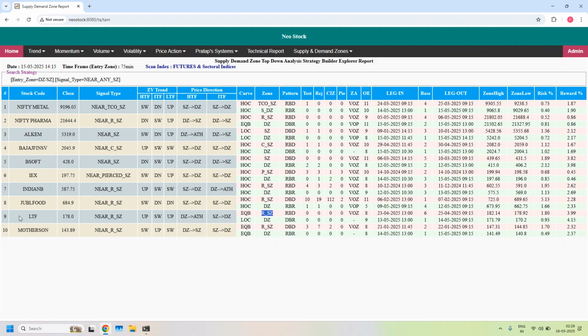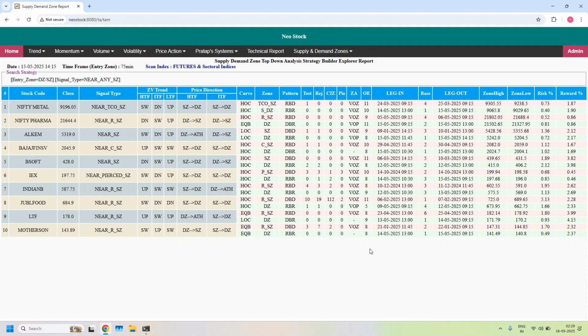Next one LTF is a 75 minutes high liquidity supply zone, and Motherson is also a 75 minutes high liquidity supply zone. So total 4 75 minutes high liquidity supply zones we identified from this list. So these are the high liquidity zones.